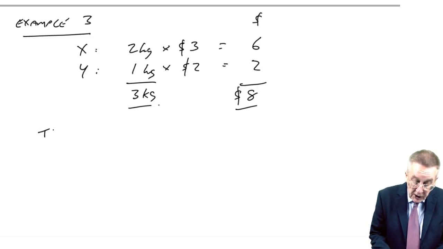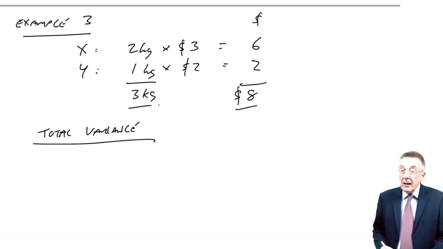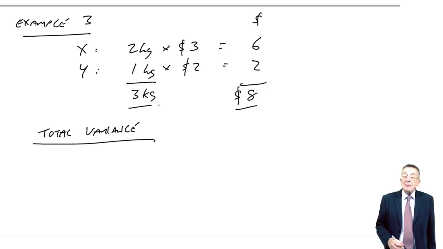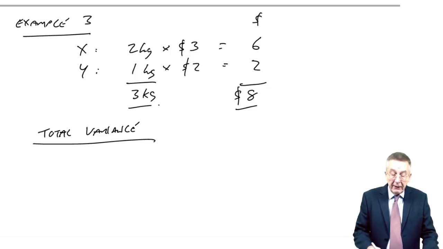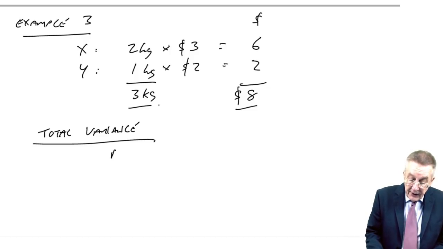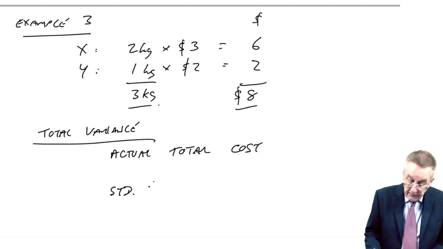So let's do it. First of all, the total variance. And for the total variance, as we always do for materials, we'll compare the actual total cost with the standard cost of the actual production.